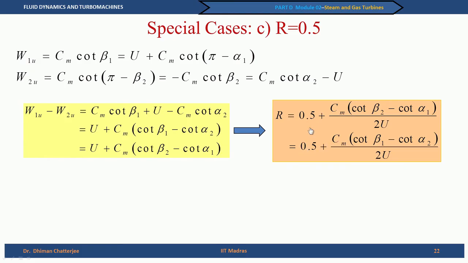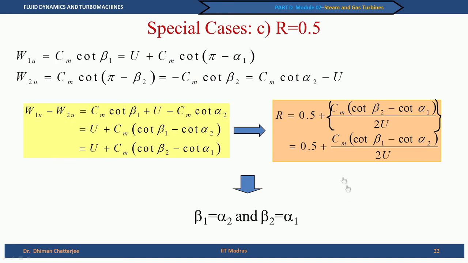So, in case I want to insist that R has to be 0.5, then this entire expression shown here has to go to 0. So, this bracketed term has to go to 0, and it can go to 0 only if, following the same logic, beta 2 equal to alpha 1, or from the second expression beta 1 equal to alpha 2.